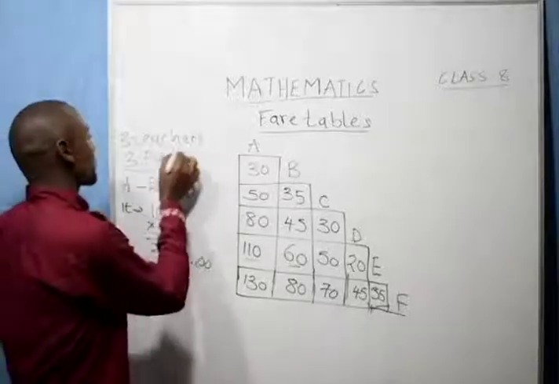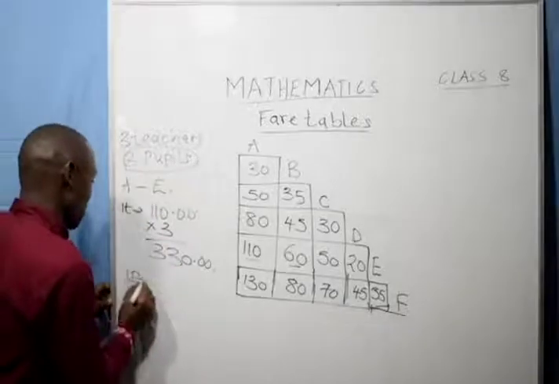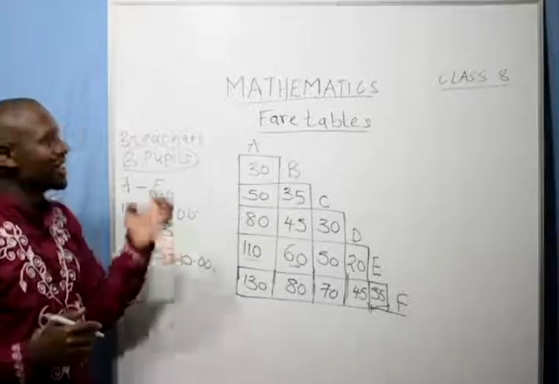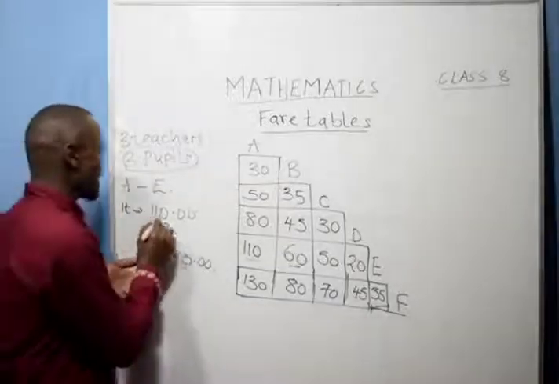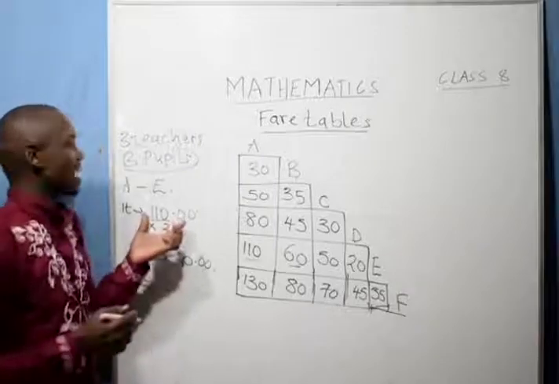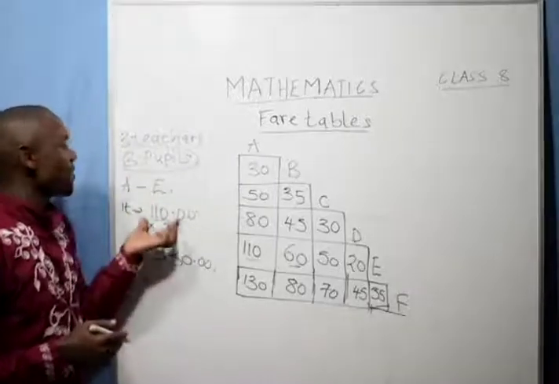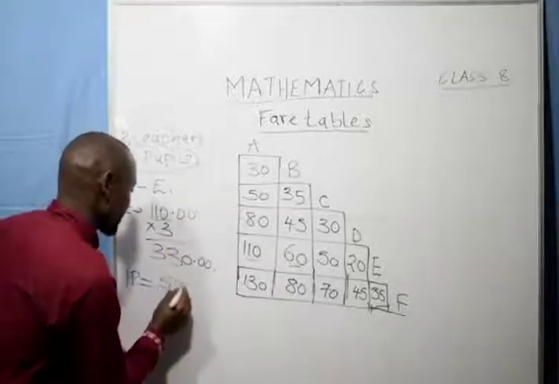What about the pupils? How much will one pupil pay? The fare for children is half the fare for adults. So if an adult is paying 110 shillings, one child will pay half of 110, which is 55 shillings.